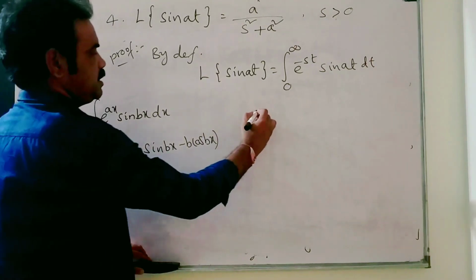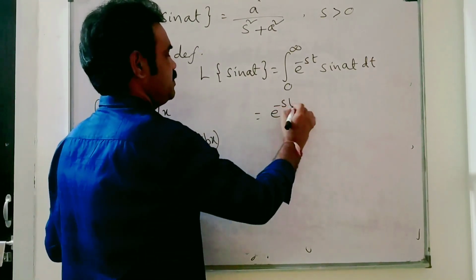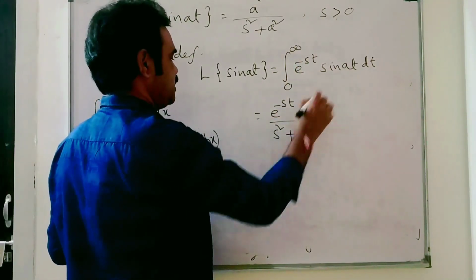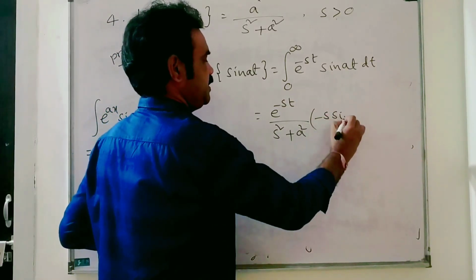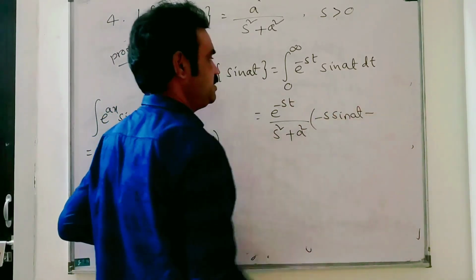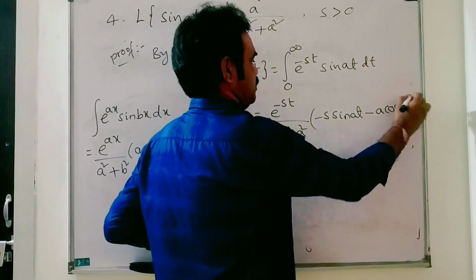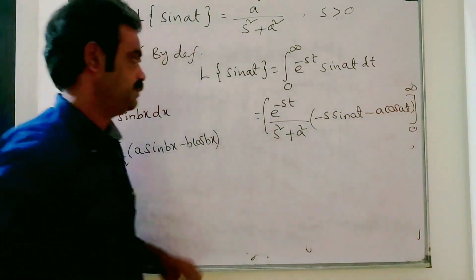Using this formula, this can be written as e power minus st by minus s whole square, that means s square plus a square, into minus s sin at minus a cos at, under the limits 0 to infinity.